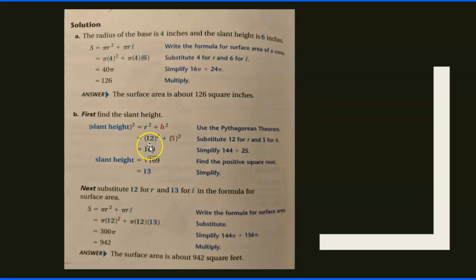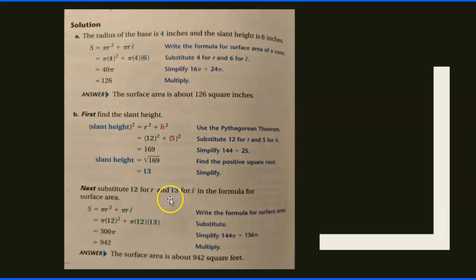So 12, that was the radius. 12 squared is 144. The straight up and down height was 5, so 5 times 5. And then when you add all that together, you get 169. But remember, you have to put slant height in the radical, 169 in the radical, and then your slant height is 13. So if you need to find the slant height, that's the second piece of information that you will need.